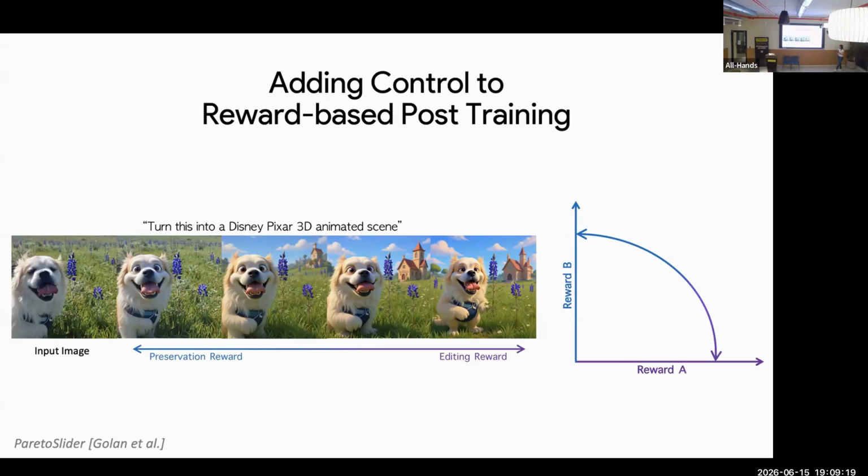And specifically in this case, we can set the rewards to be a reward that measures the preservation of the input image, and a reward that measures the adherence to the edit. And our goal is to navigate over these rewards.